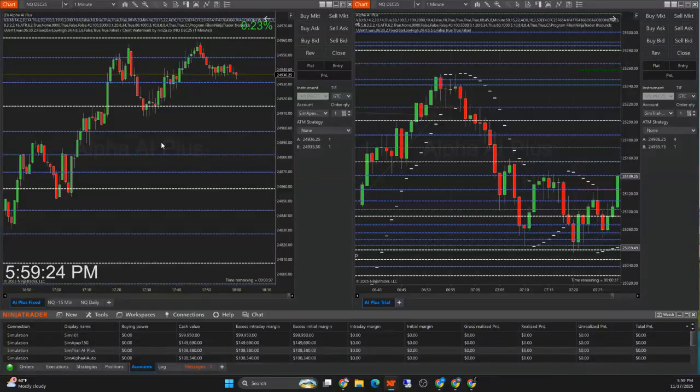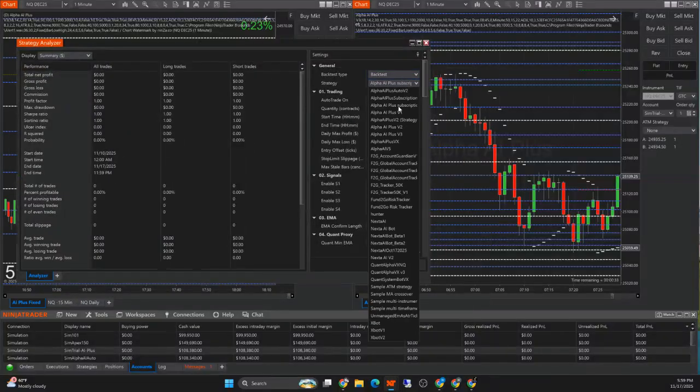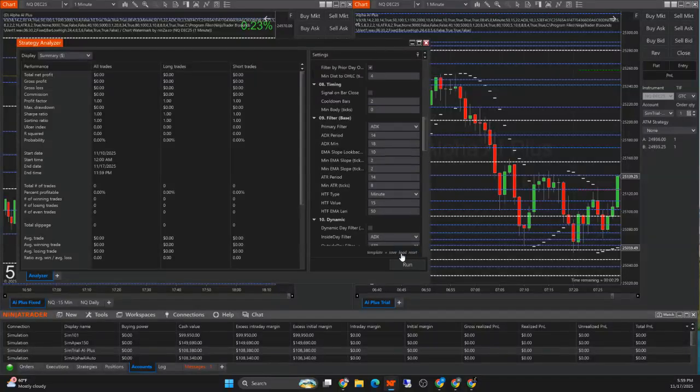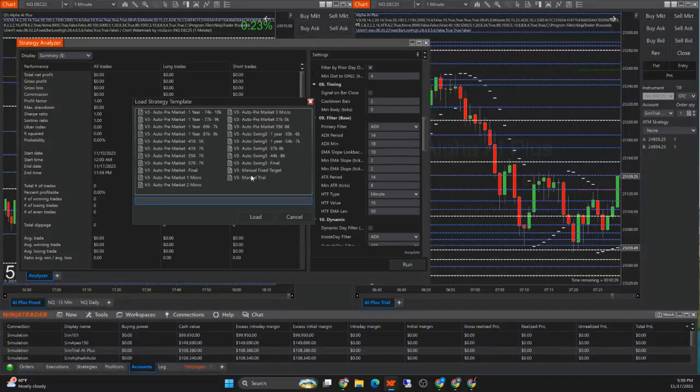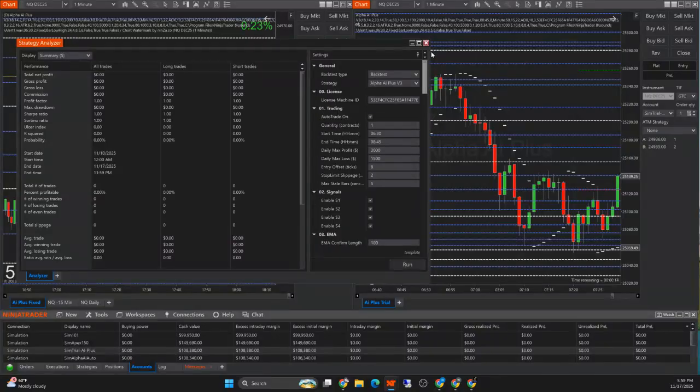Okay. So how about we do the fixed target? Let's do the V3, and let's pick any template. Let's pick the fixed target one, V3 manual. I want a manual fixed target, with normal market open, whatever.